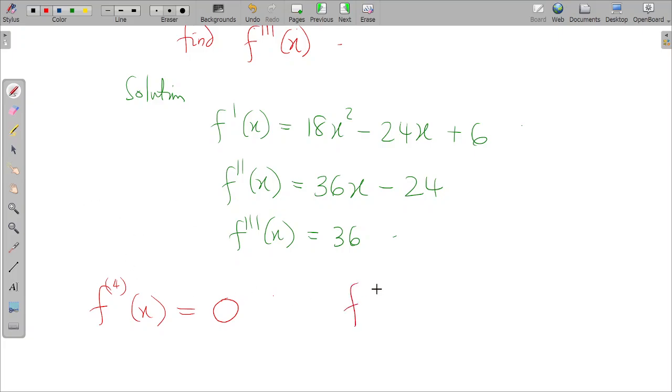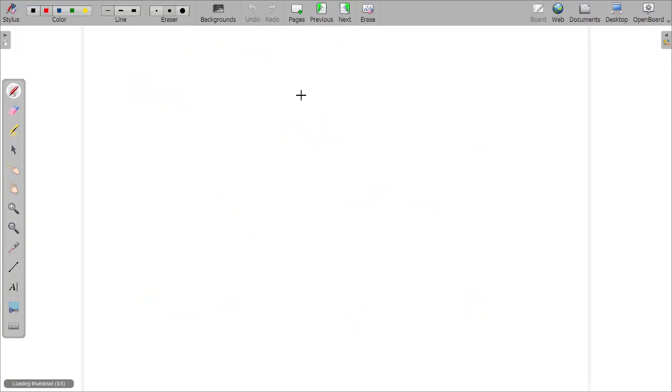And the fifth one will also be 0, like that. Please take note of that. It's just to derive again and again to get as many derivatives as they want you to find.